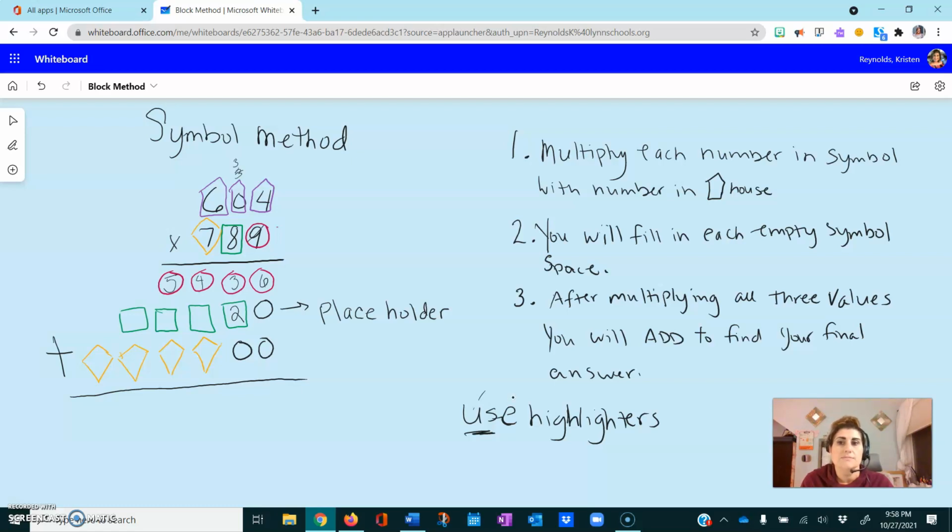8 times 0, like I said, anything times 0 is 0. So that means that I only have to put a 3, because 0 plus 3 is 3. And then 8 times 6 is 48.